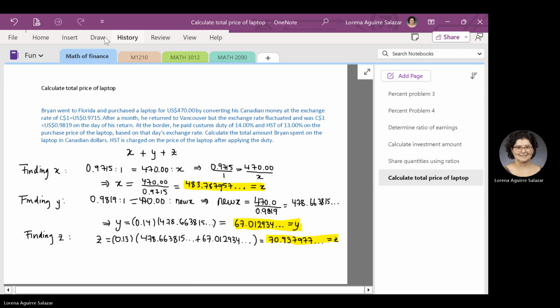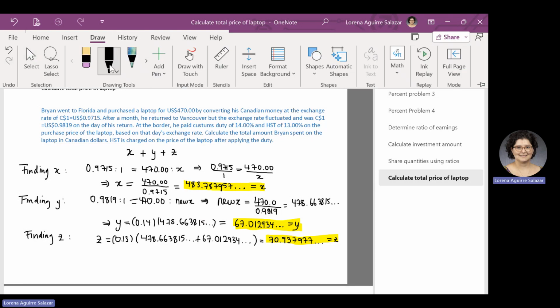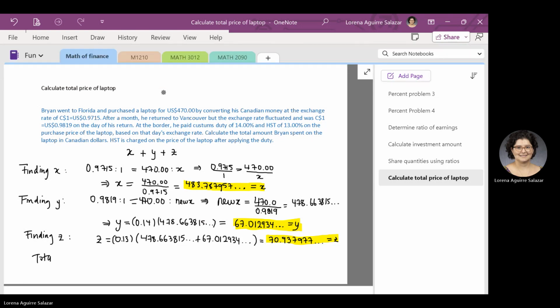Now we take all those numbers and we add them up. We take X plus Y plus Z. So the total amount spent on the laptop is X plus Y plus Z. That's 483.787957, and we continue like that.